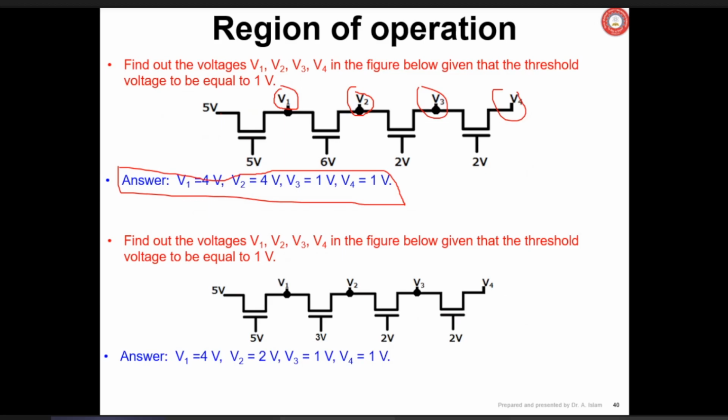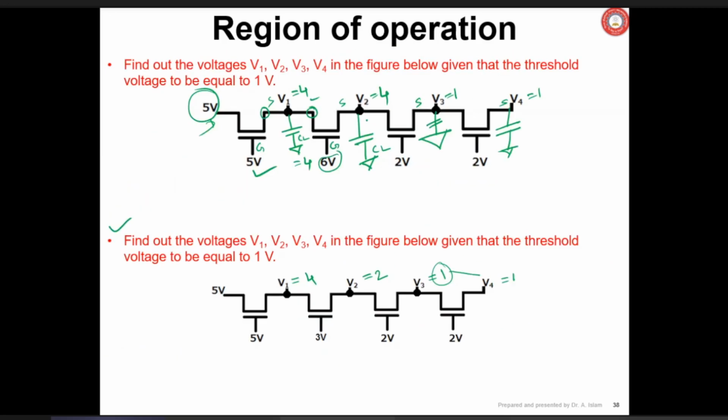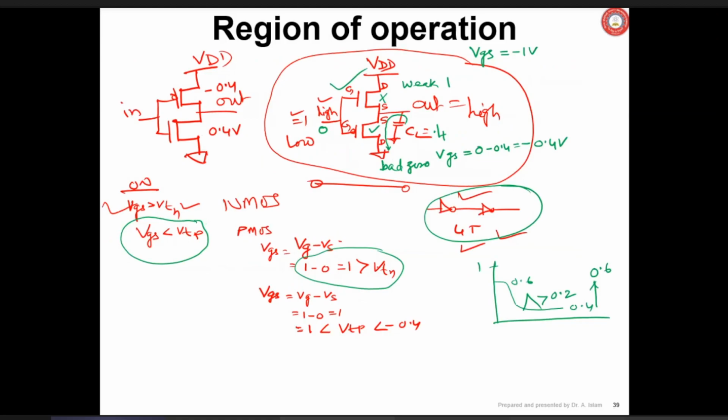Now any kind of this kind of connections. Another thing I would like to say, people do the mistake that a VTN drop occurs in case of an NMOSFET. That is what we have seen here. Okay, VTN drop occurs.